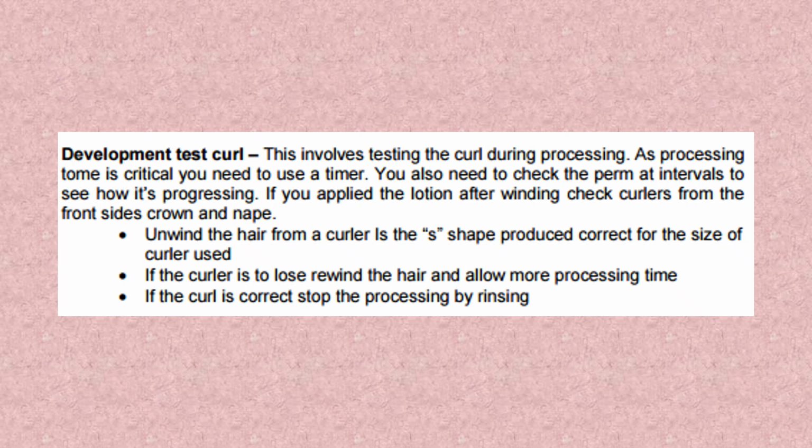Unwind the hair from a curler and check the S shape produced. If the curler is too loose, rewind the hair and allow more processing time. If the curl is correct, stop processing by rinsing.